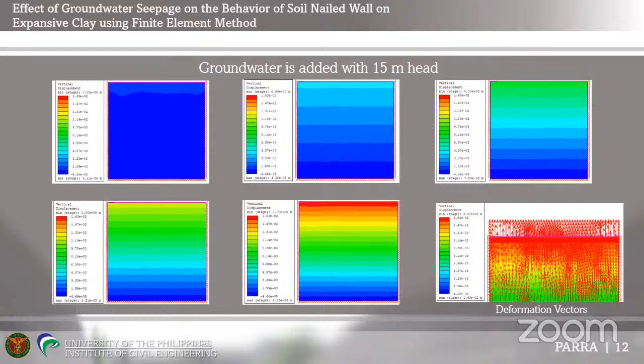So even that, I don't think will be due to the swelling of the soil, because if the soil is not expansive, the decrease in effective stress will still happen and the vertical displacement will still change.